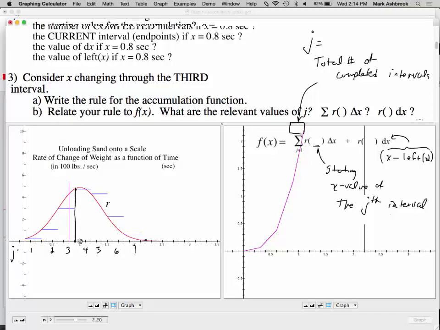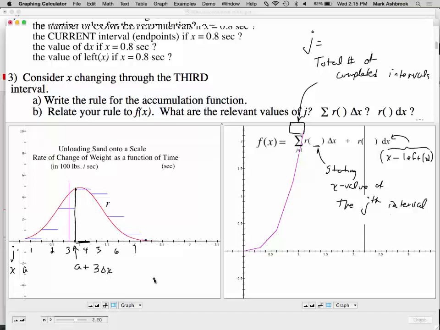Here's the 4th interval. So x at the beginning is a, and how many intervals do I have to go over to get to the left side of the 4th interval? 3, right? So this x value will be a plus 3 delta x.